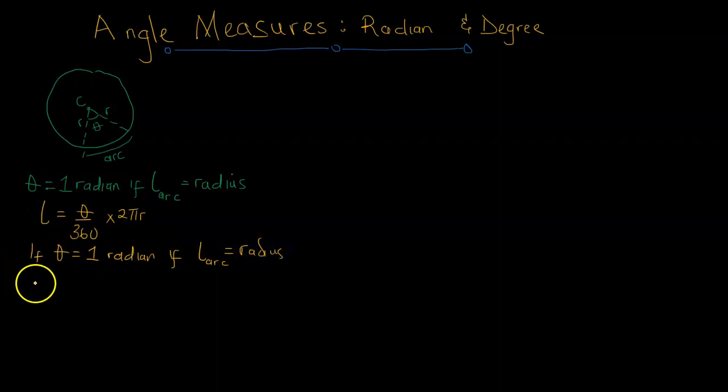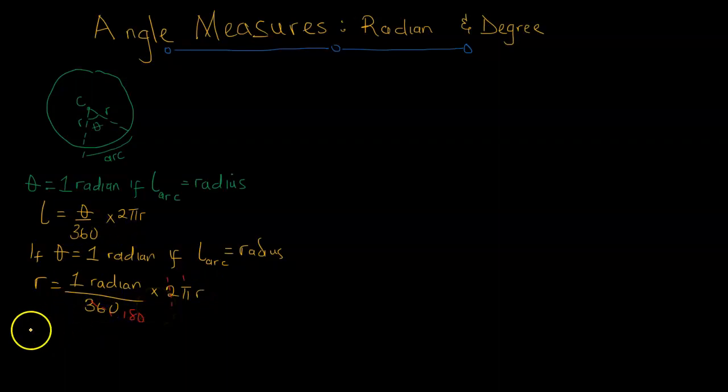So I can replace L by R since they are the same. So this is going to be R equal to, now the theta is 1 radian, divided by 360, and this is 2 pi R. 2 in 360 is 180.